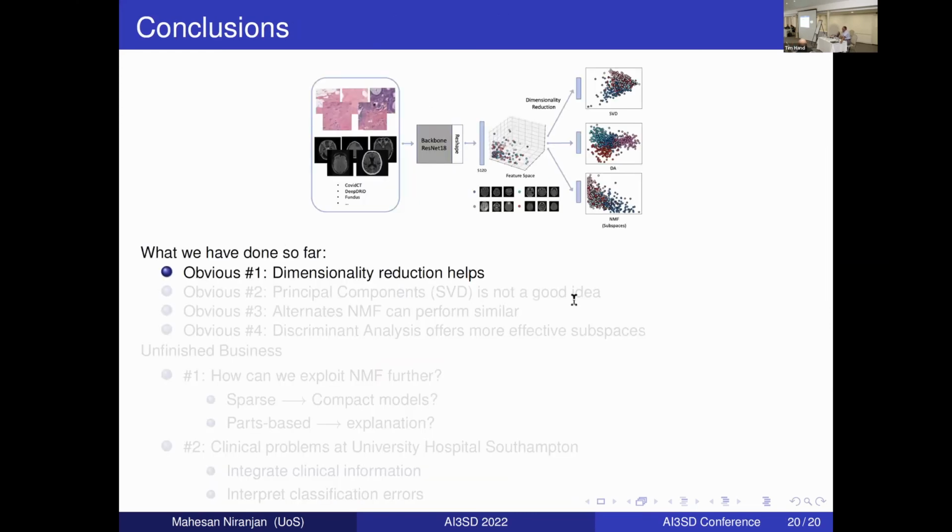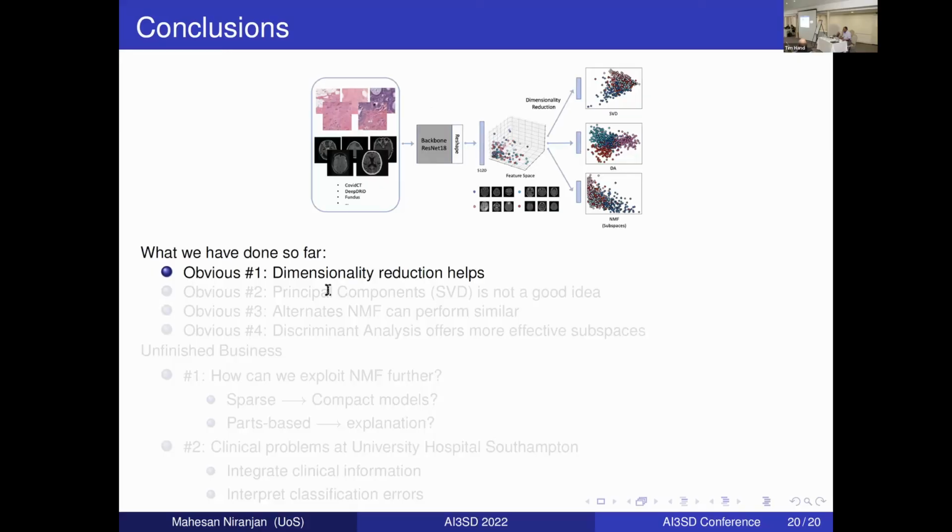Okay, so to conclude, I'm going to make some very obvious observations, and I have certainly proved that obvious things are true. Dimensionality reduction helps, and I think nobody can challenge that. Principal component analysis, or SVD, in multimodal data is perhaps not a good idea.